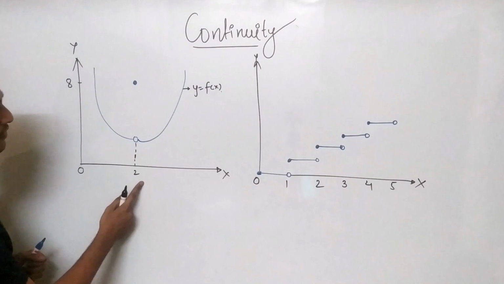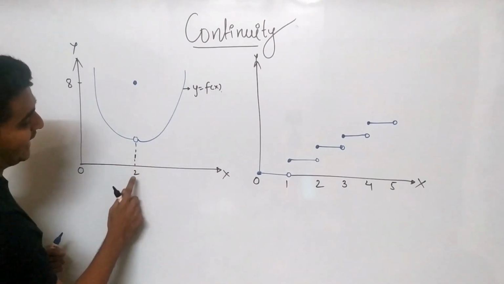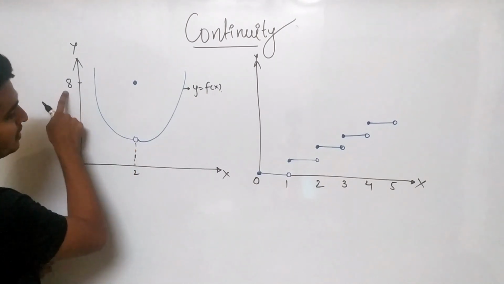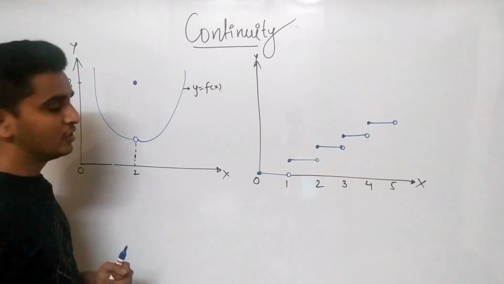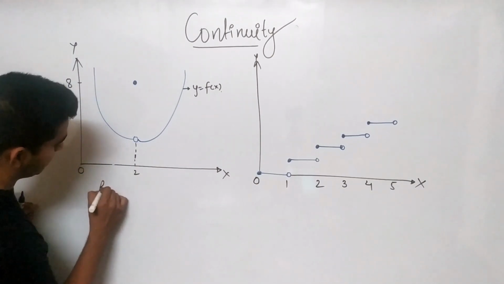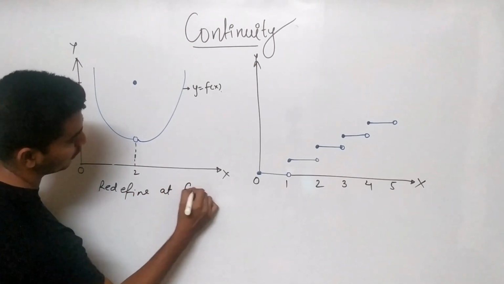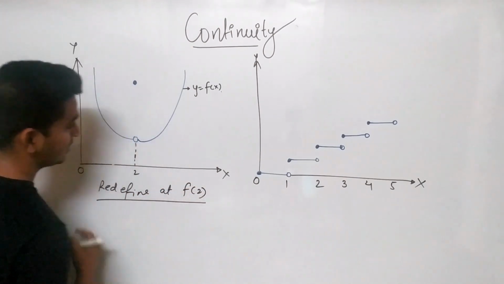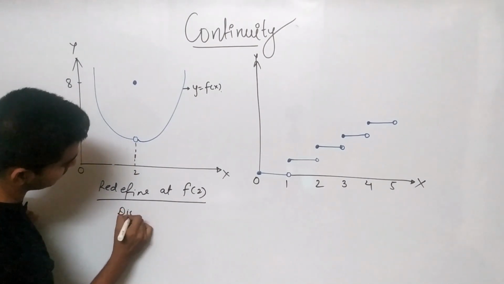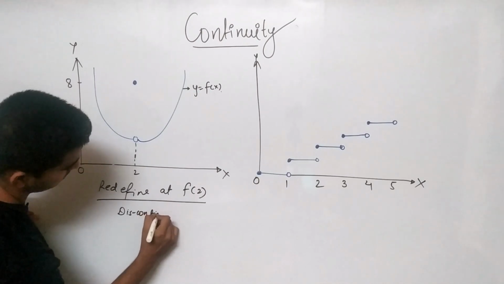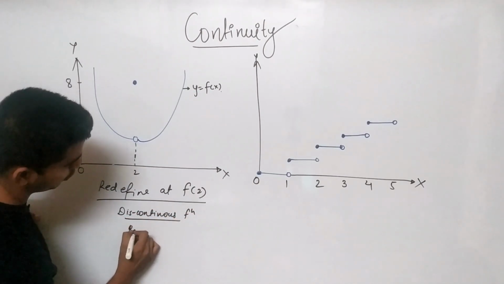In this case, if you watch carefully, the value of the function y = f(x) at 2 is 8 and it is not matching the left-hand and right-hand limits. So if we can redefine the function at f(2), then this function is known as a discontinuous function with removable discontinuity.